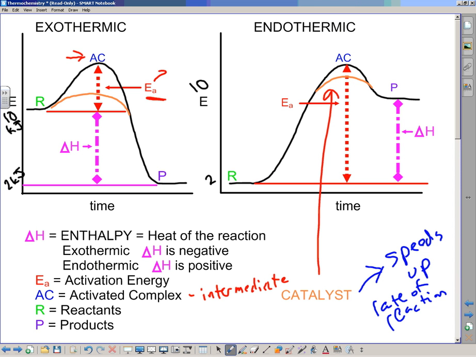Let's say hypothetically the activation energy required was 5 kilojoules originally. Well, now we add in that catalyst and it's less than 5 kilojoules, whatever the value is. It doesn't really matter. Again, I'm making up the numbers. It's the concept that when you add a catalyst into a system, it decreases the amount of activation energy required. Questions?